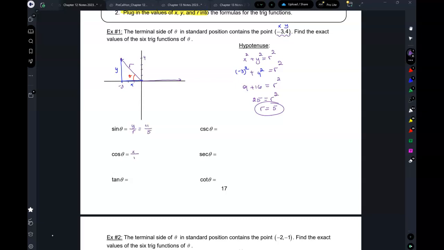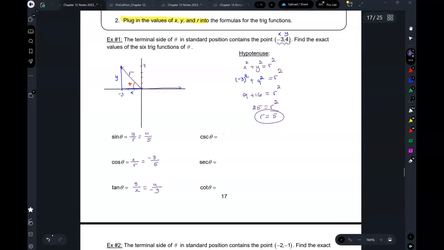Cosine is x over r, and the x coordinate was negative 3, so negative 3 over 5. Tangent is y over x, negative 4 over 3. And now, can we find cosecant, secant, cotangent? We can. They are just the reciprocals.